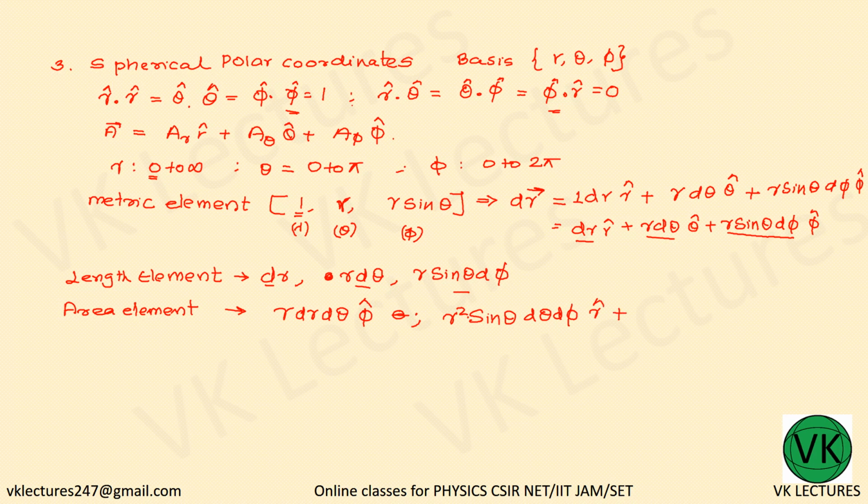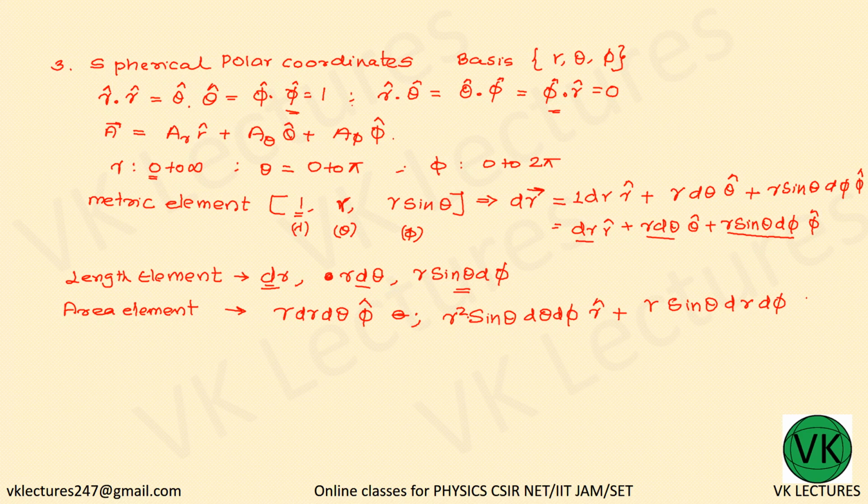Plus, now you have to do this 1 2 in the direction of 3. So r dr sine theta d phi, and it should be in the direction of theta.